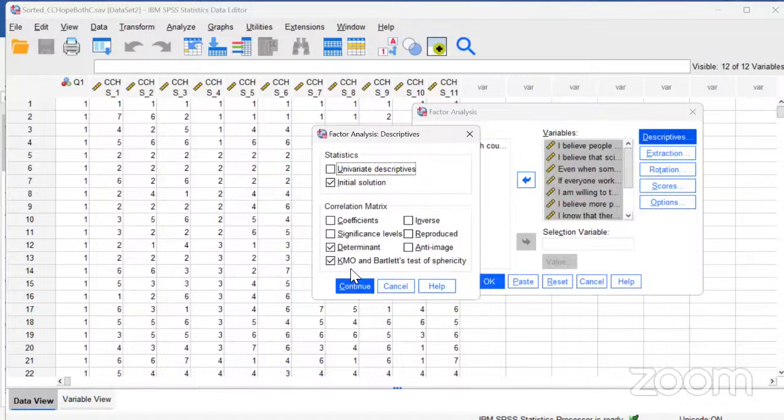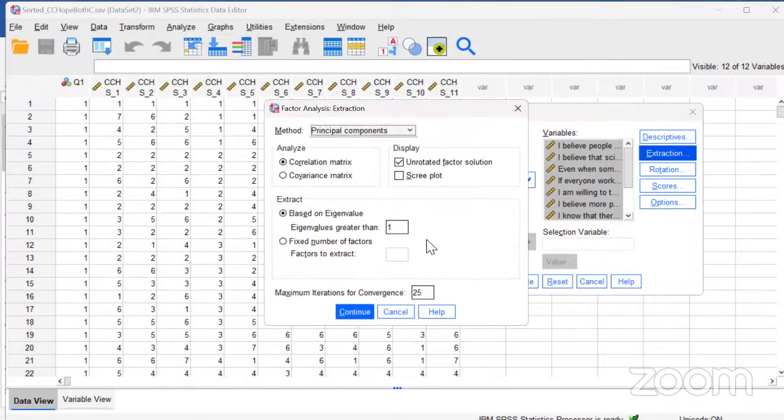KMO value has to be more than 0.7 for good sample adequacy. Bartlett test of sphericity has to be significant, so that it signifies that we can proceed ahead with factor analysis. And determinant has to be more than 0.0001. This is the basic checklist. For extraction, we are keeping principal component analysis.